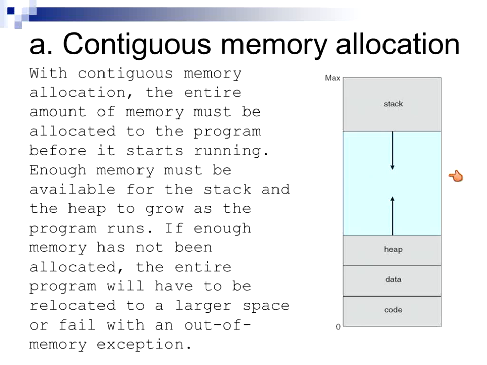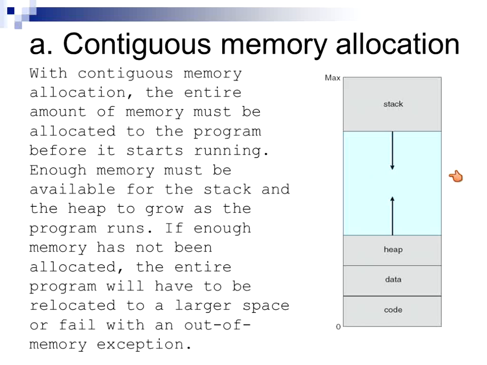If enough memory hasn't been allocated, it's possible that the entire program will have to be relocated to a larger space in memory so that you can get more space within the middle of the allocated space so that your stack and heap could grow more, or the program can fail with an out-of-memory exception.